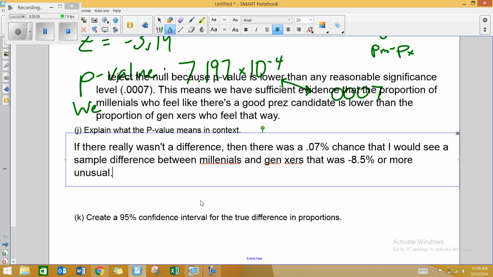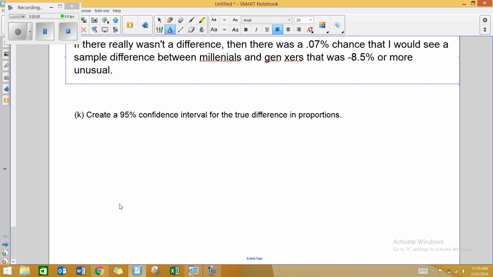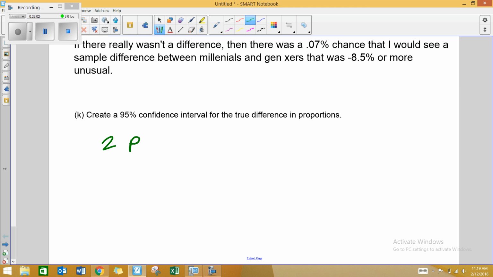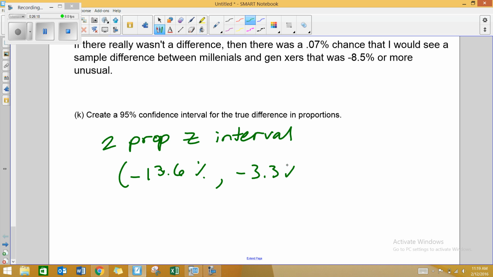All right, 95% confidence interval. We're just going to use our calculator. This is a 2 proportion z interval. And I have this calculated off to the side. This is negative 13.6% and negative 3.3%.